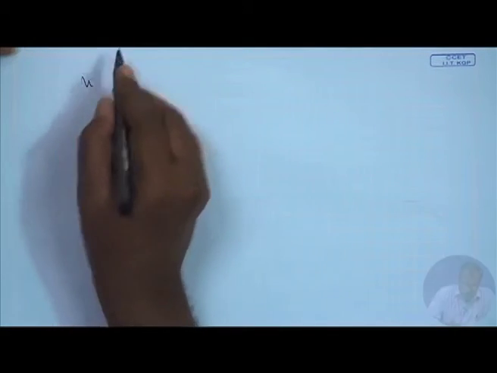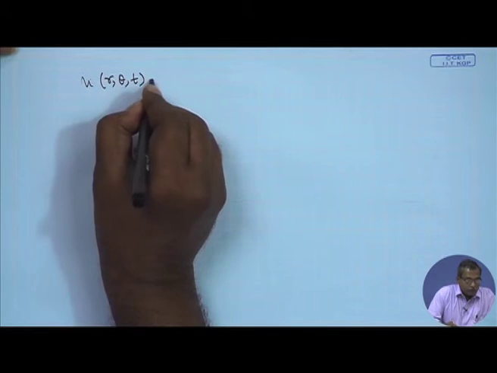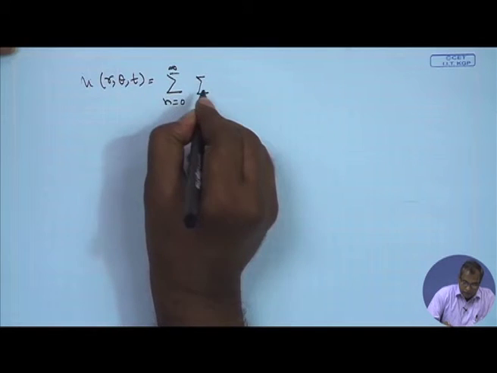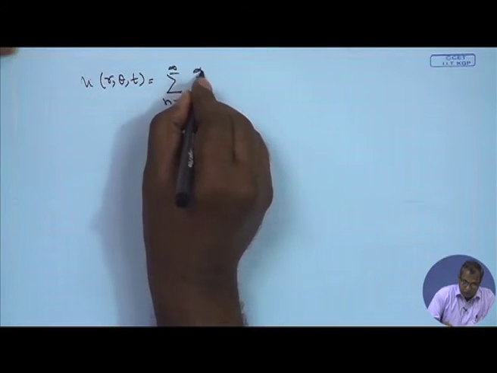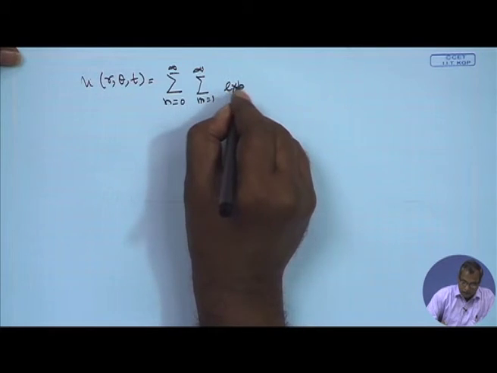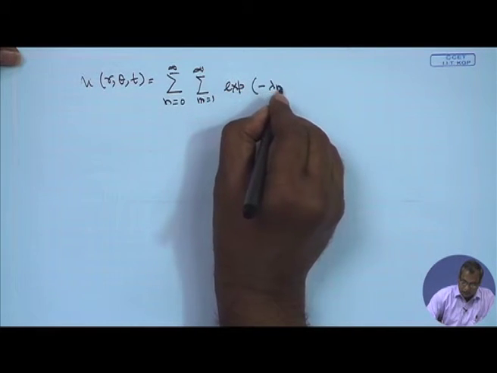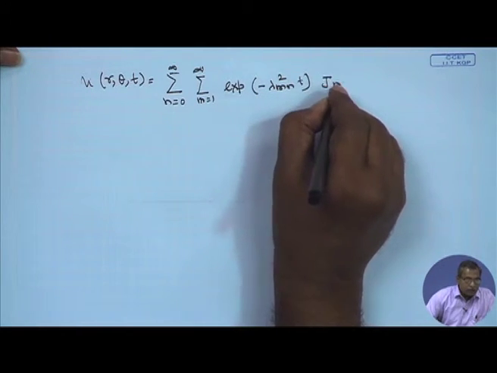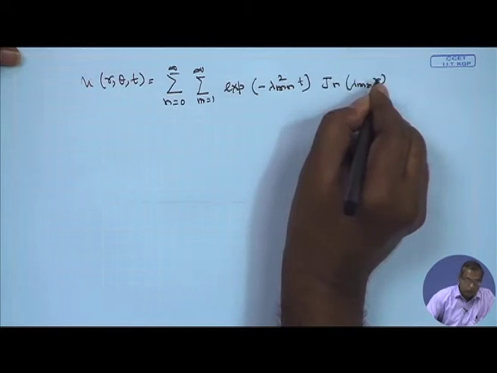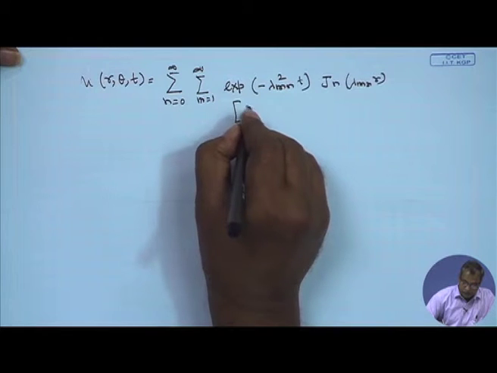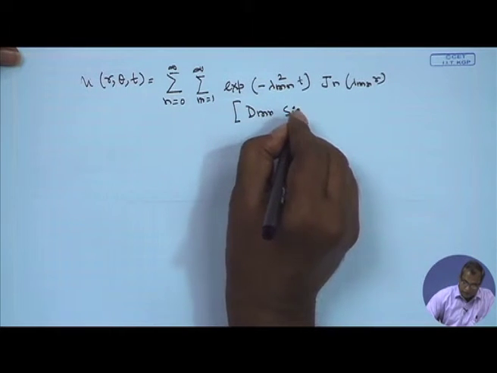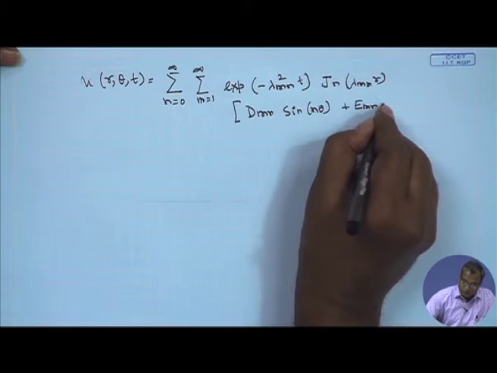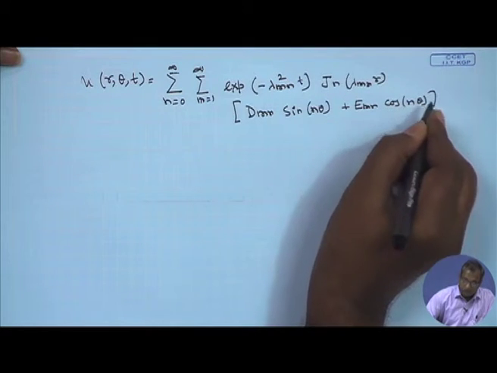So, u(r, theta, t) will be nothing but summation n is equal to 0 to infinity, m is equal to 1 to infinity, exponential minus lambda m n square times t, Jn lambda m n r, multiplied by D m n sin n theta plus E m n cosine n theta.